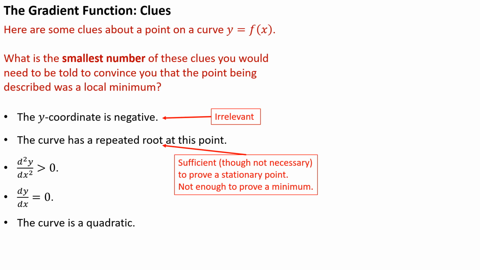This is sufficient to prove a stationary point, meaning if this is the case, we know we're dealing with a stationary point. But it's not necessary because you could have a stationary point without this being the case. An example would be, I suppose, if you've got a truck driving license, that is sufficient for you to be able to hire a car.